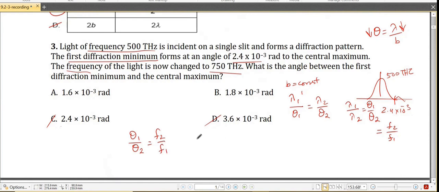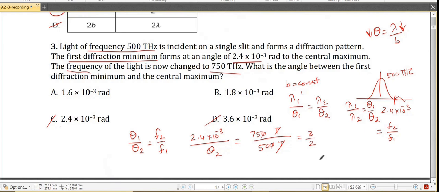Let's put in the values. Theta 1 is 2.4 times 10 to the power negative 3 upon theta 2, which is what we need to find out. F2 is 750 terahertz upon F1 is 500 terahertz. So the units cancel, and what we have is 75 upon 50, which is equal to 3 by 2, right?